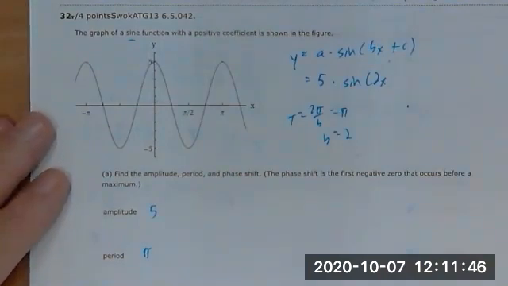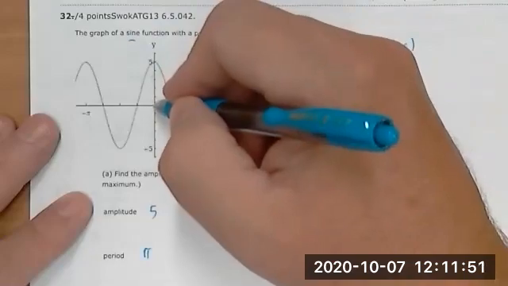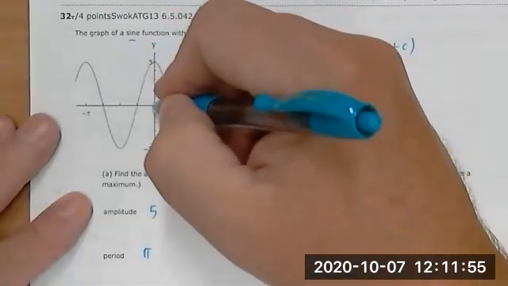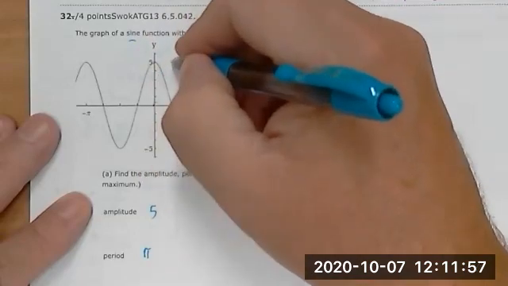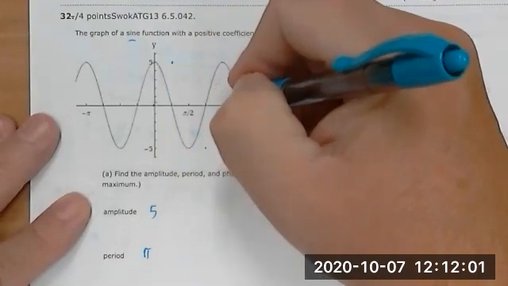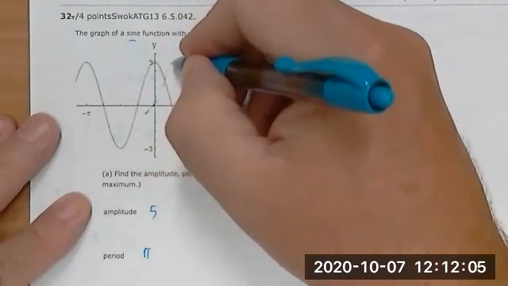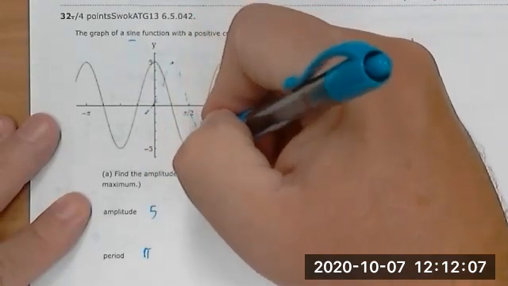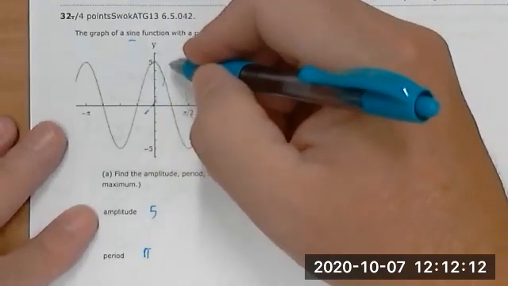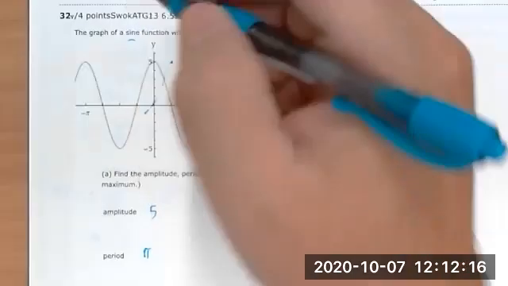And then phase shift. This is a sine. The sine starts low. Up, down, low, back. So the tricky thing is, they always want you to go to the left.